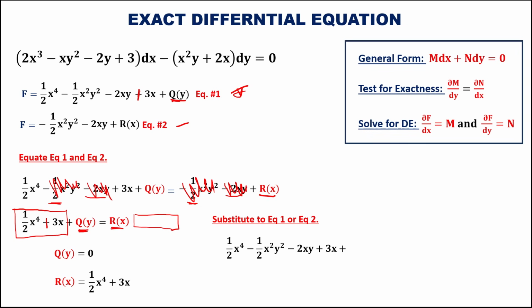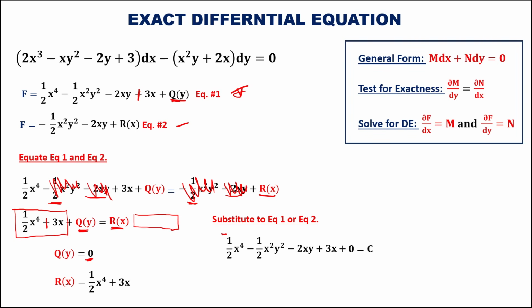So substitute now the value for qy. Since qy is equal to 0, plus 0, then we equate this to c. So this is now the solution.